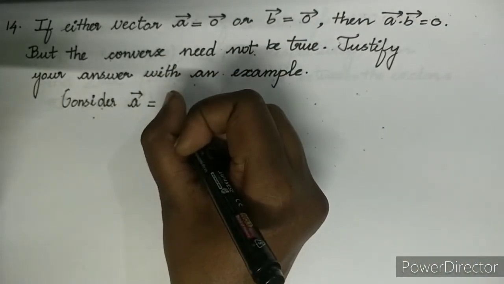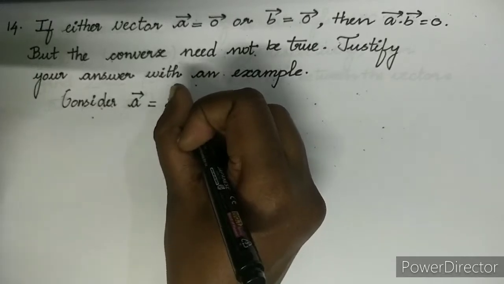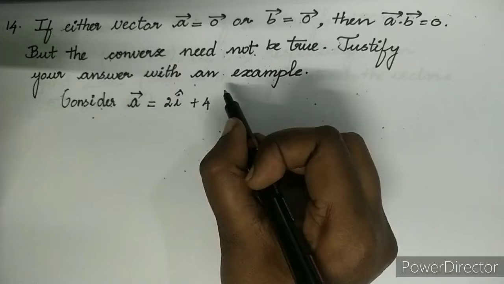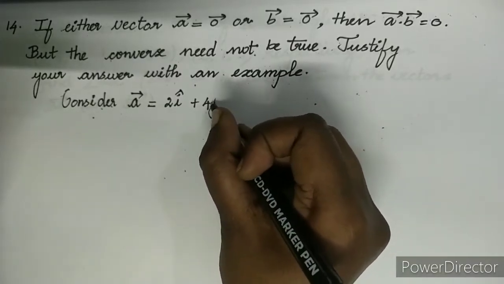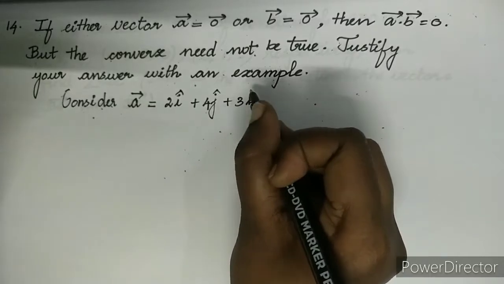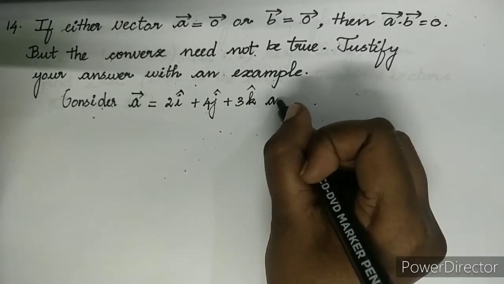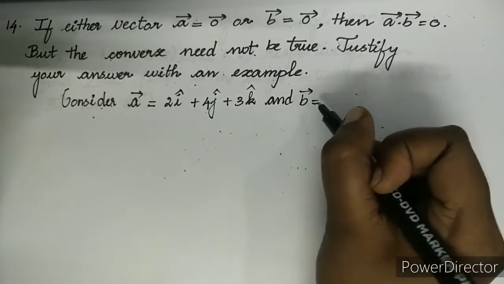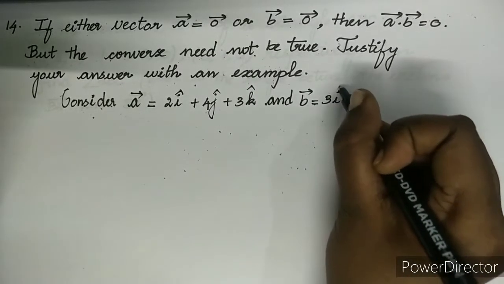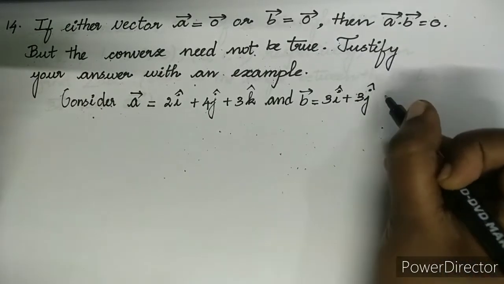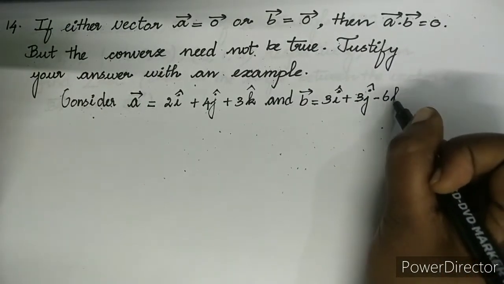Let A vector be equal to 2i cap plus 4j cap plus 3k cap, and our B vector is equal to 3i cap plus 3j cap minus 6k cap.